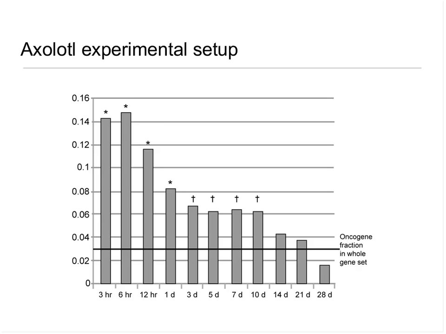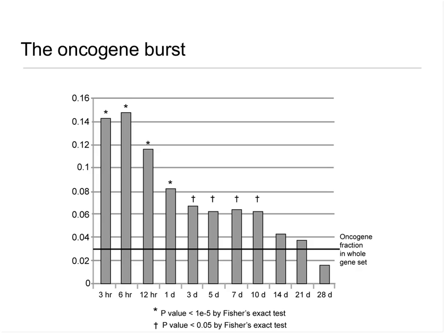And the one result that I'd like to highlight that is exciting, and that supports older literature, is that early in this time course, so here I have a plot of the time points on the x-axis, and the y-axis being a percent of upregulated genes, a big fraction of the upregulated genes near the beginning of this time course belong to the class of genes that we refer to as oncogenes, or the genes that are often causative of cancer.